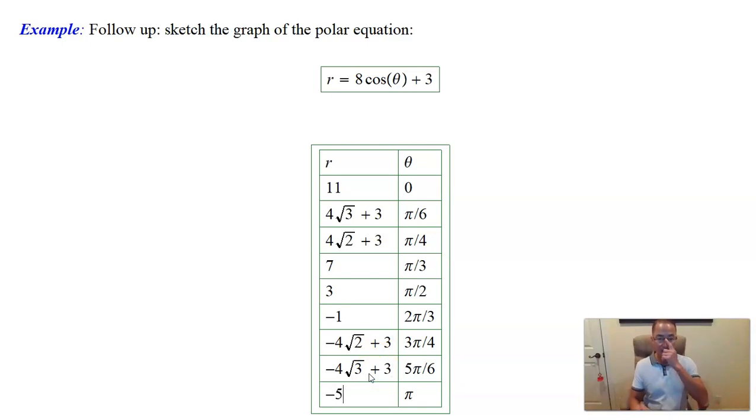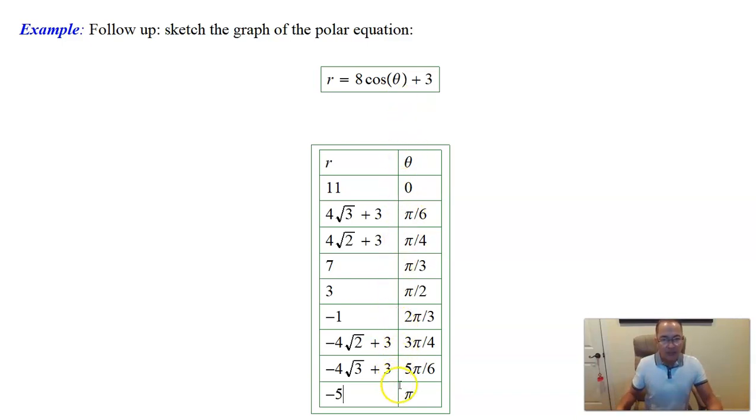Ooh, interesting. So it's going to go from positive 3 to negative 1. Wait a minute. So somewhere in between, this is a continuous function. Cosine is continuous. So somewhere in between, r has to be 0. Okay, that's interesting.